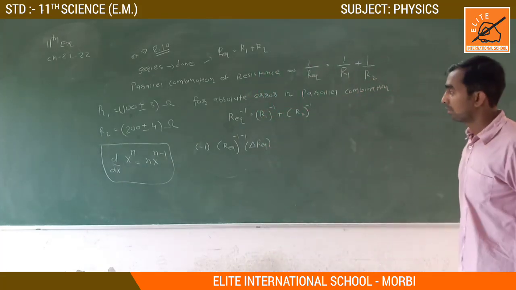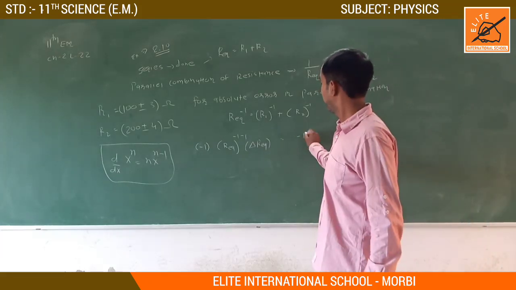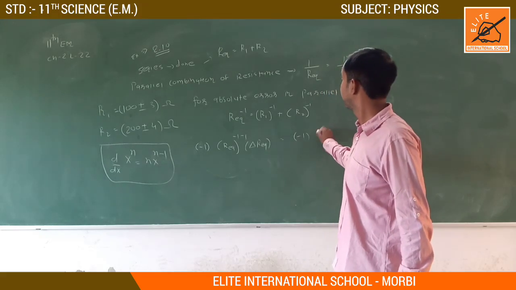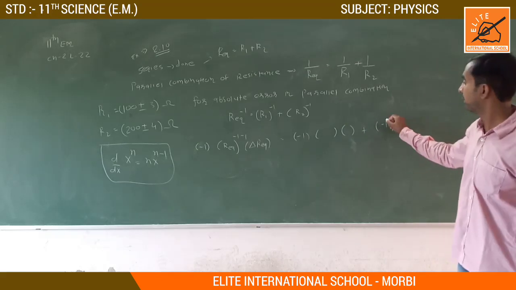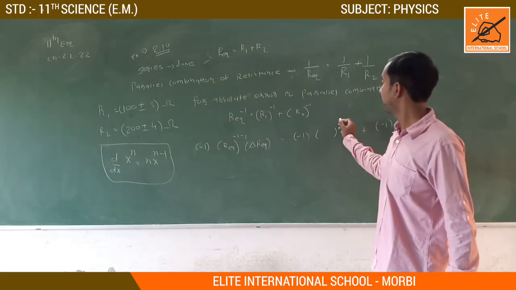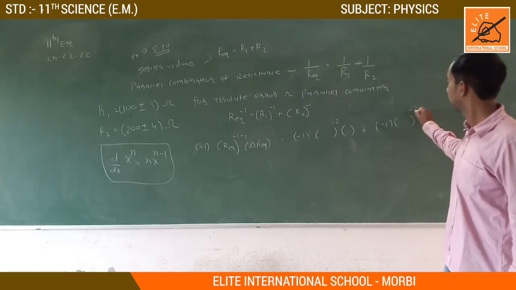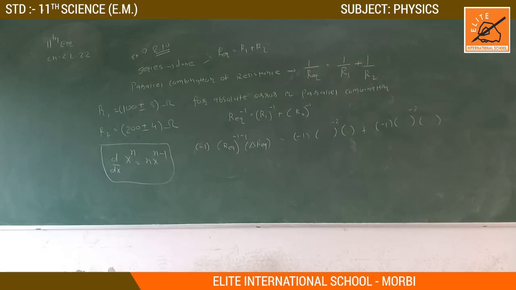Apply here for this minus 1 multiply, then minus 1 here, power minus 2. Fill the complete brackets fast.